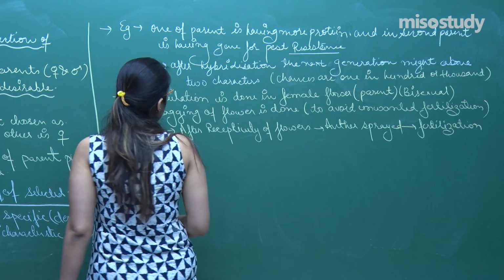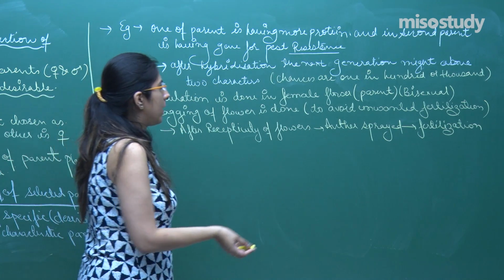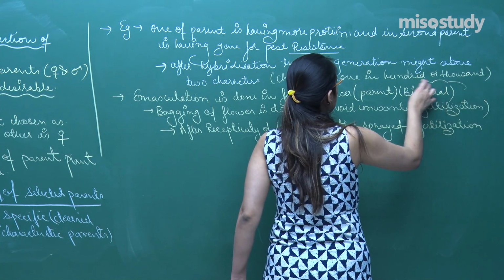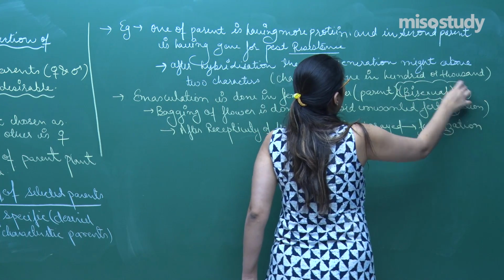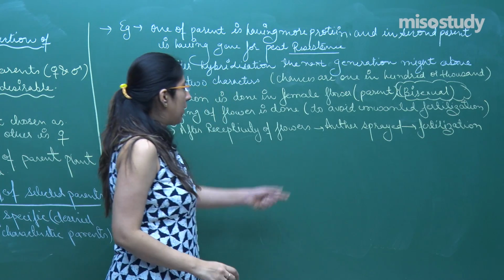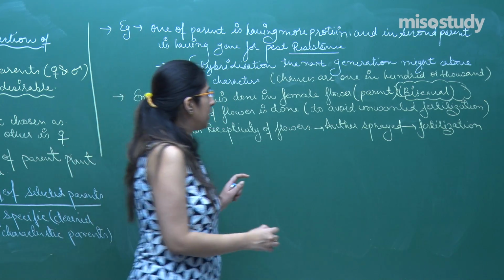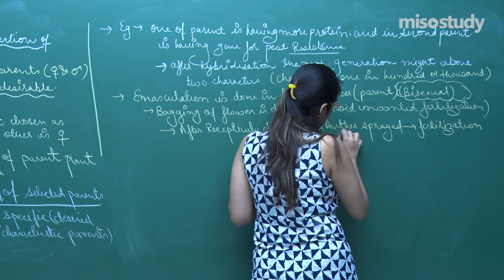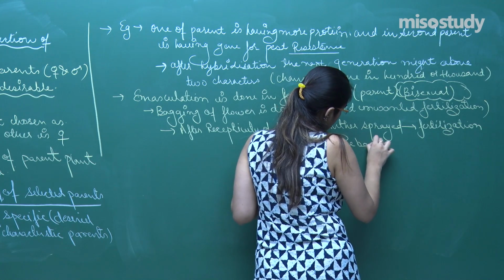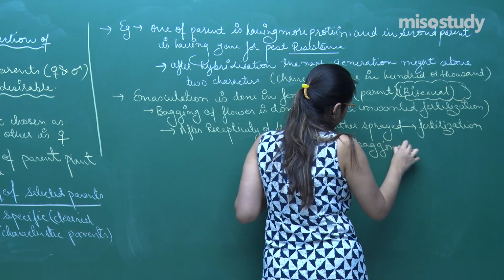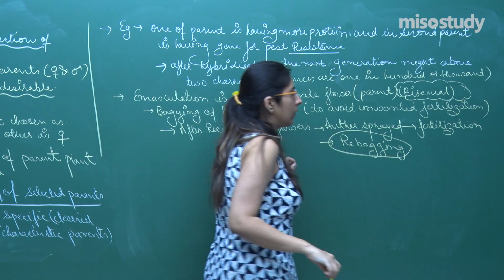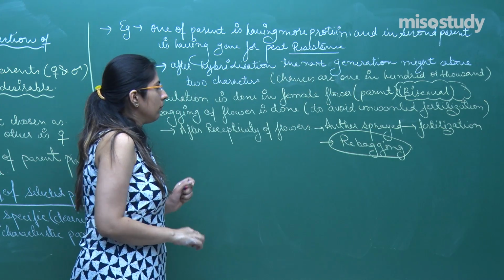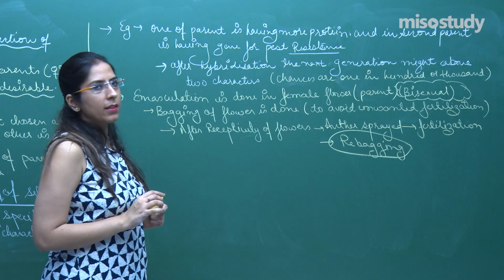Now, this was in the case of bisexual flowers. After the spray and fertilization, we have to rebag those. So, rebagging is again done.